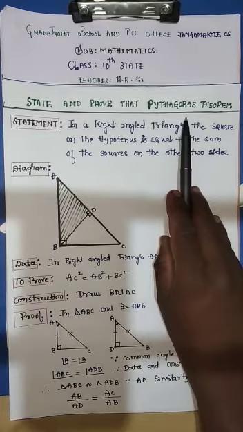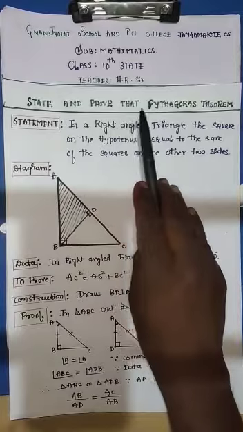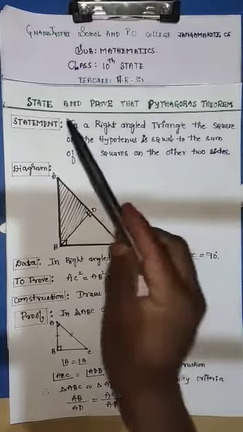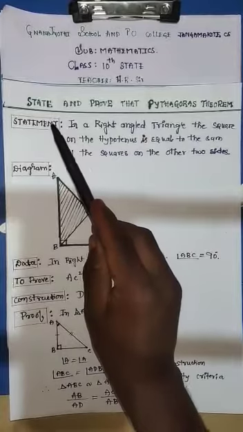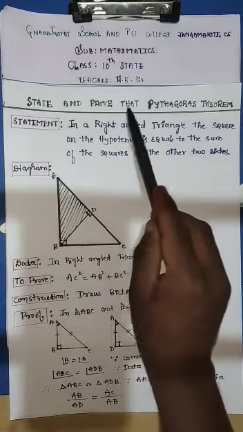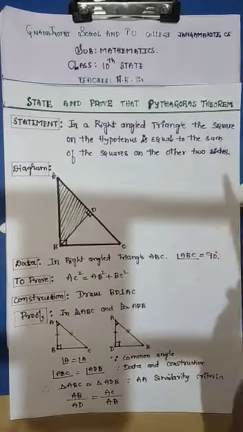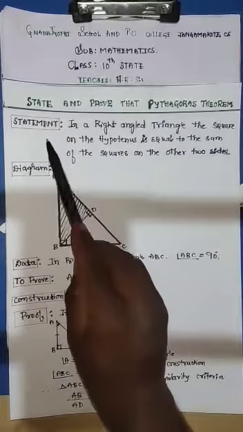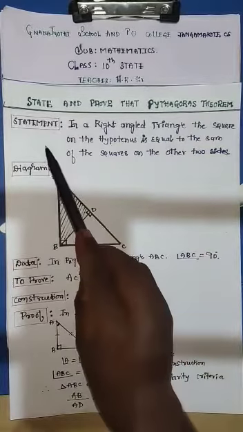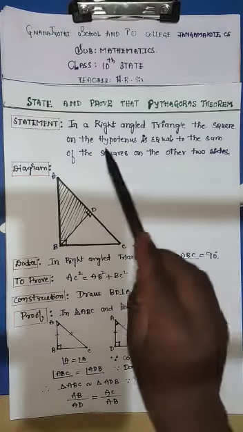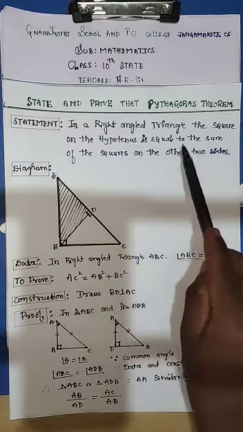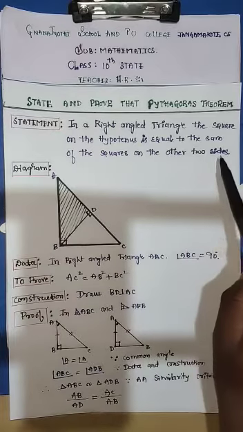Okay children, let me start the theorem. State and prove the Pythagoras theorem, right? I will repeat once again, the question is state and prove the Pythagoras theorem. The statement: the Pythagoras theorem states that in a right angle triangle, the square on the hypotenuse is equal to the sum of the squares on the other two sides.